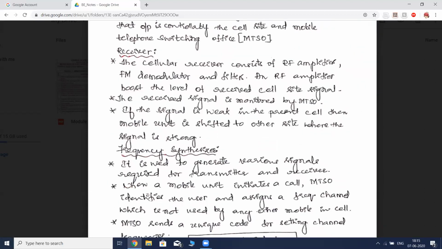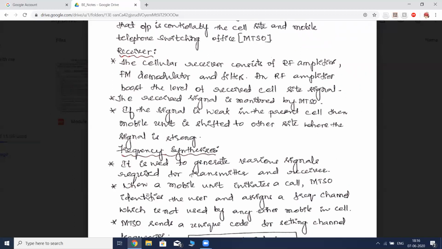Now let us see the receiver. The cellular receiver consists of RF amplifiers, and it also has an FM demodulator, because frequency modulation is used. Obviously the same type of receiver needs to be used at the receiving end, so a frequency modulated demodulator as well as a filter is used.